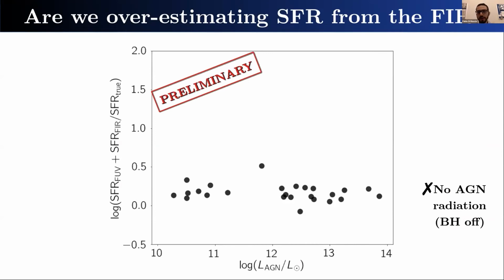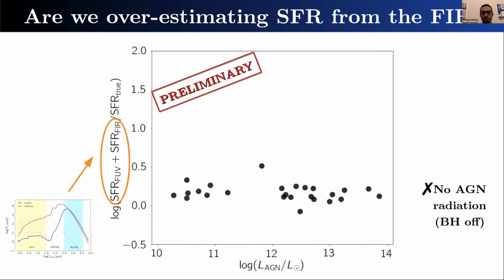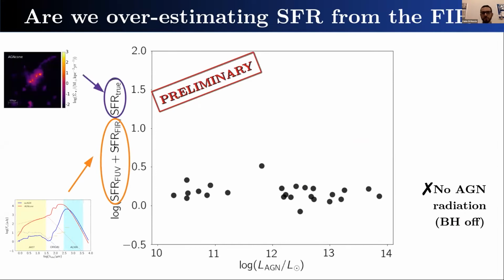We consider many of the black holes in the AGN run at different snapshots, and we try to compare the star formation rate inferred from the SED, as if it were a mock observation, with the true star formation rate that we know from the simulations.